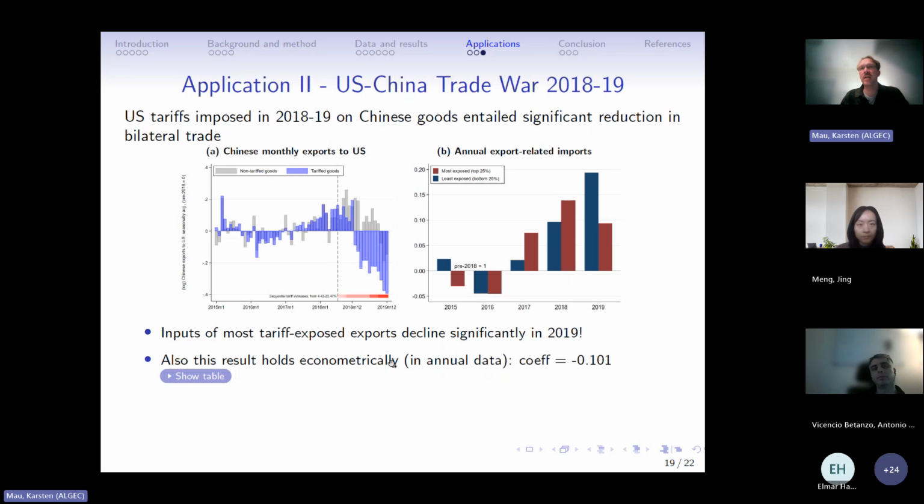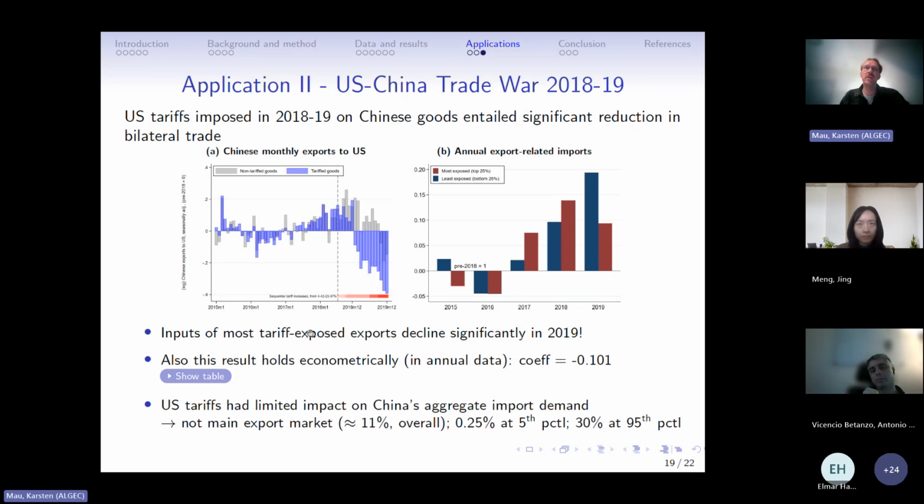About 10 to 12% of its exports go to the US in that period. So this coefficient should factor in that the US is not always China's main export market. Maybe China was able to divert part of its exports, so that the corresponding import demand is also not so strongly affected in quantitative terms as we could see before.